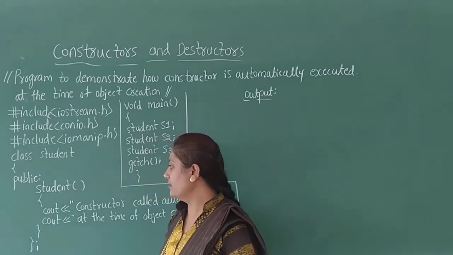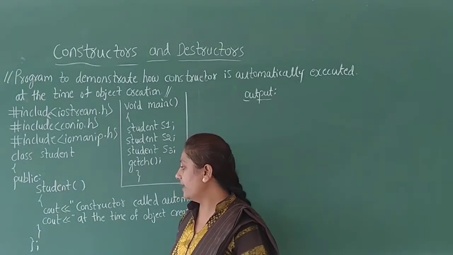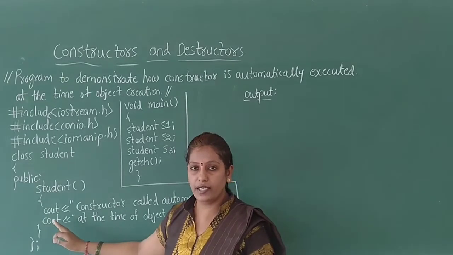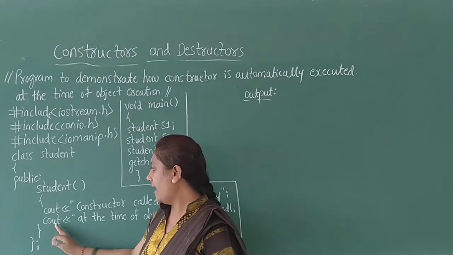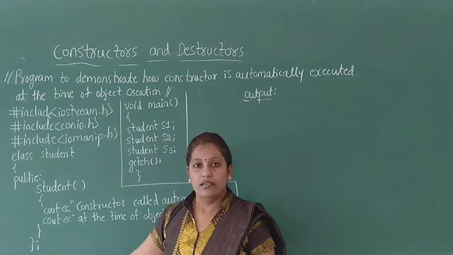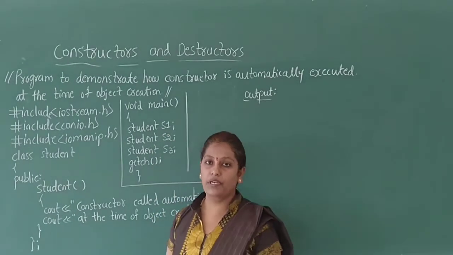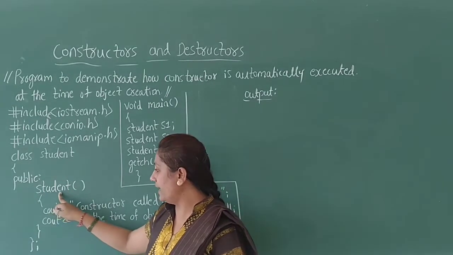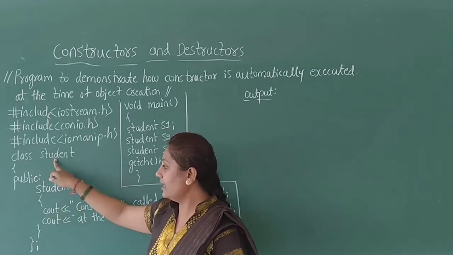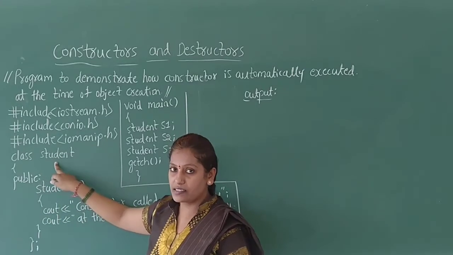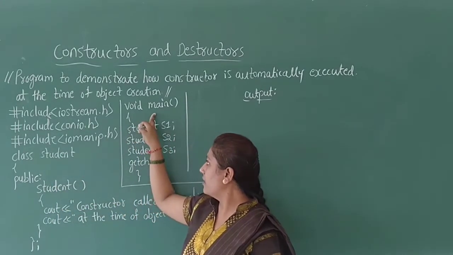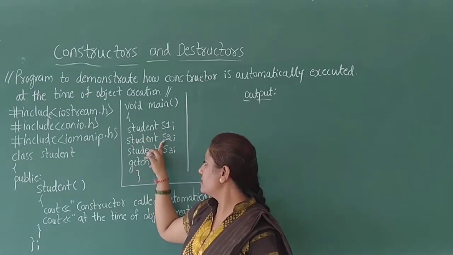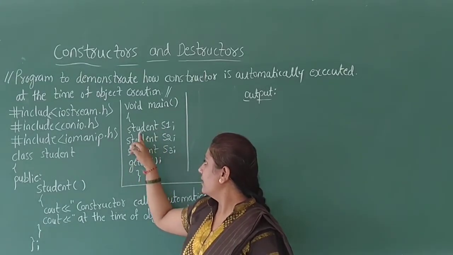In the public section, the constructor is declared with two output statements, that is cout statements, and then the class is terminated. Here the constructor member function name is the same as the name of the class. And in the main function: student S1, student S2, student S3.